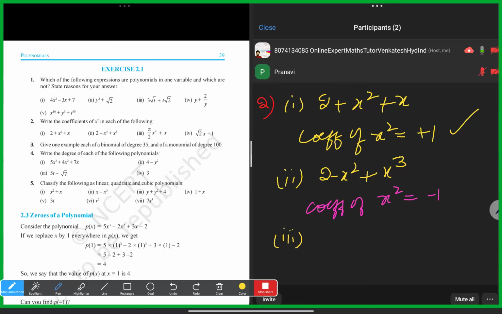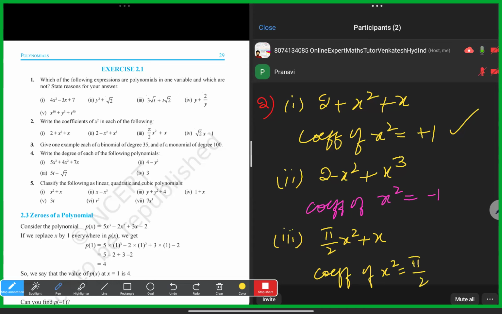Any doubt, Pranavi, minus 1? No, sir. Then pi by 2 x square plus 1 plus x. The coefficient of x square is actually pi by 2.